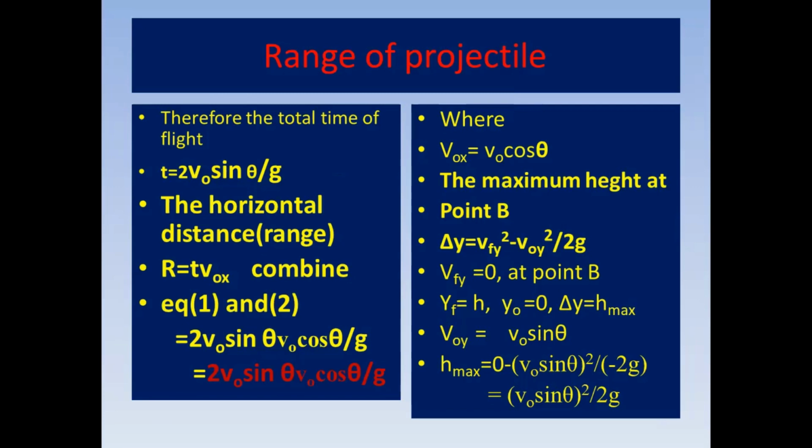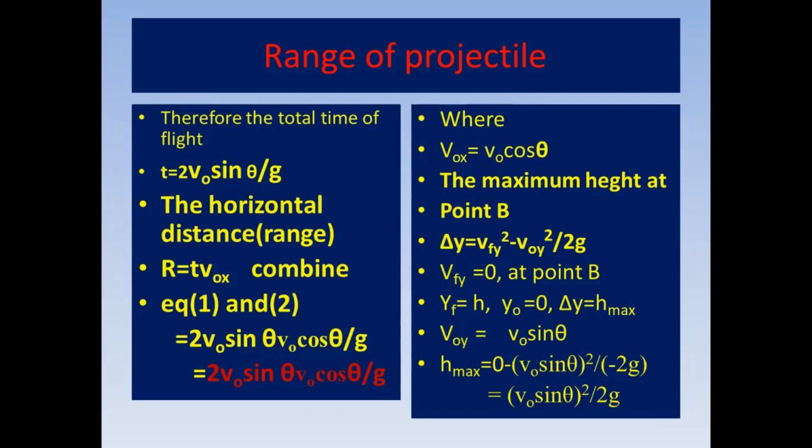The maximum height at point B. Using the uniform accelerated motion equation, the change of displacement y is equal to v final y squared minus v initial y squared over 2g, where v final y is 0 at point B because it is the turning point. y final at point B is equal to h, y initial at point A is 0, so the change of y is equal to h max. v0y is equal to v0 sine theta, and h max equals v final y squared minus v initial y squared over 2g.